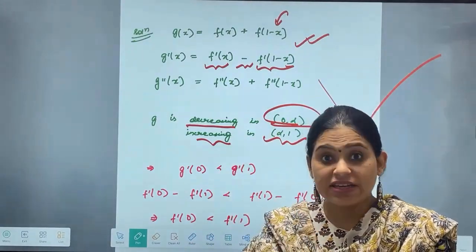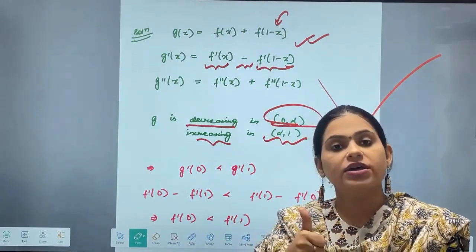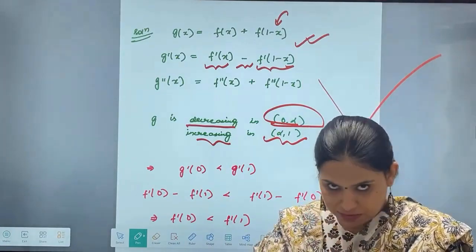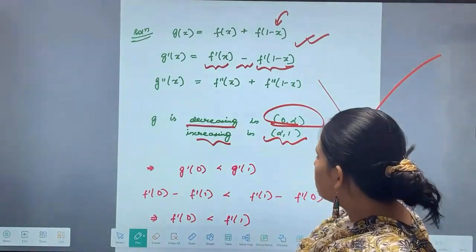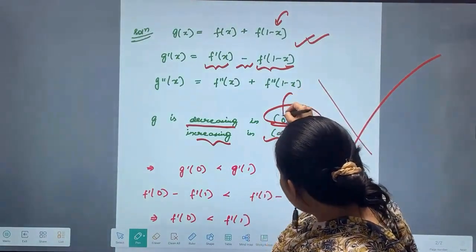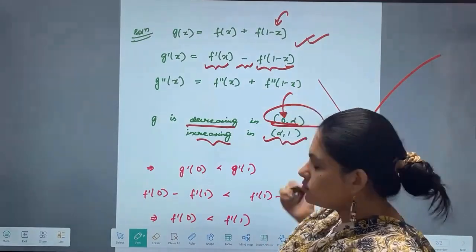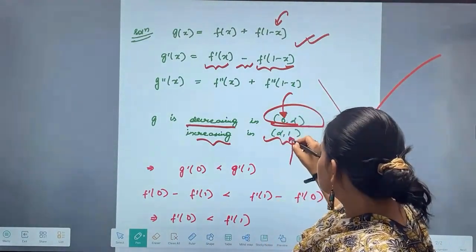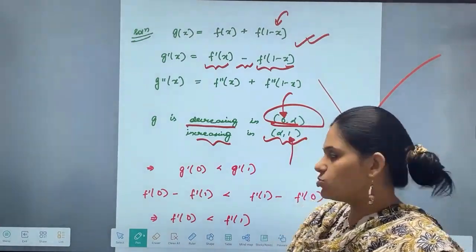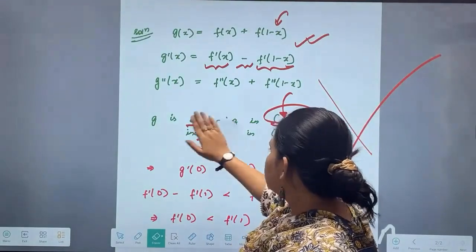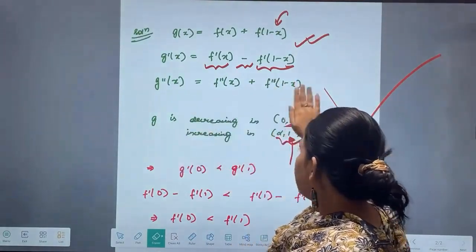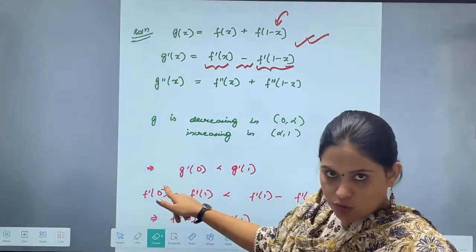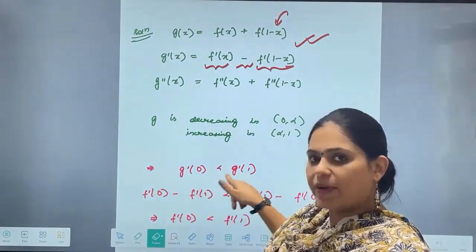If it is increasing in alpha to 1, its slope should be positive. In very simple terms, can it also mean that when I evaluate its slope at 0, it should be less than when I evaluate its slope at 1? That is what I have done. I evaluated its slope at 0, I evaluated its slope at 1, and I just said that its slope at 0 should be less than its slope at 1.